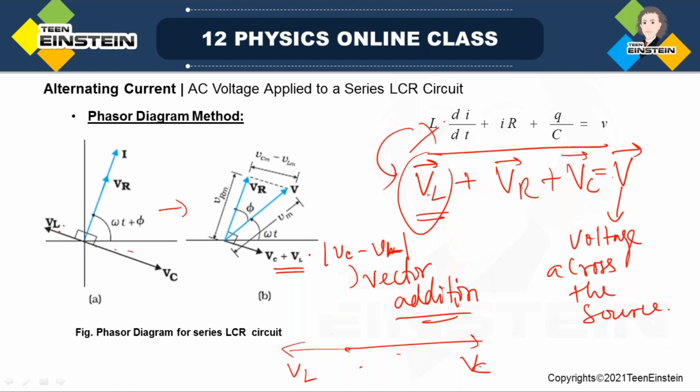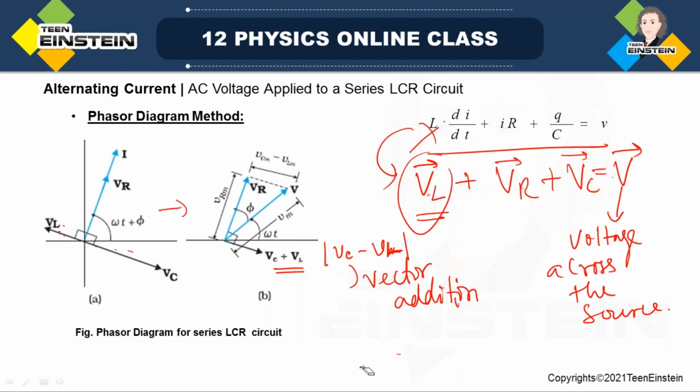This vector VC plus VL is a resultant rotating vector, the resultant phasor of VL and VC obtained by vector addition.